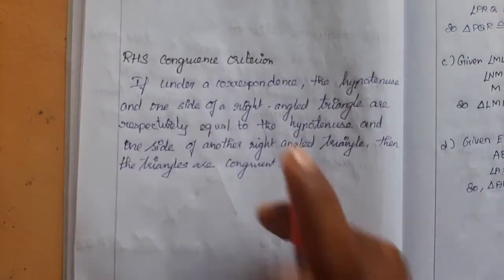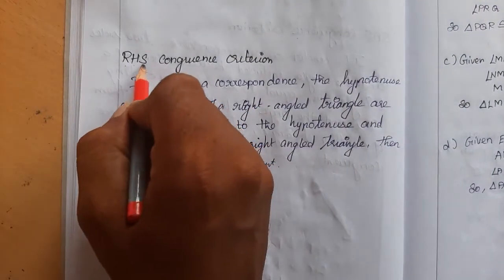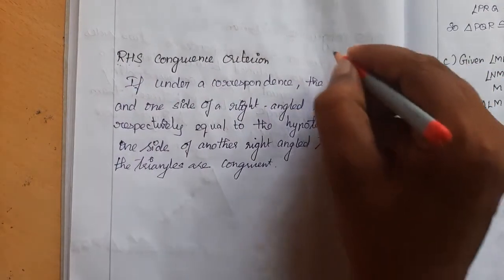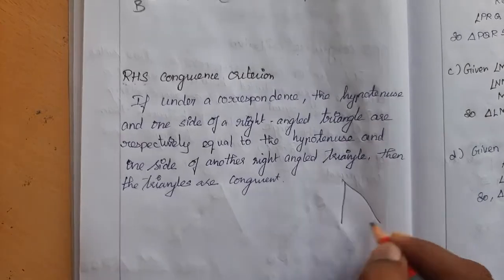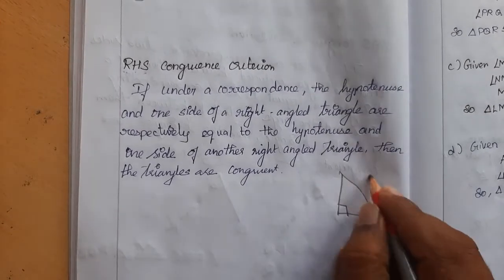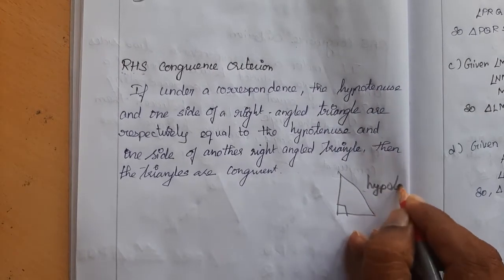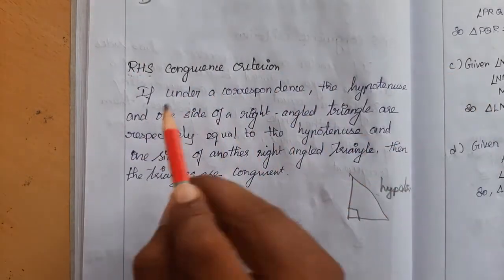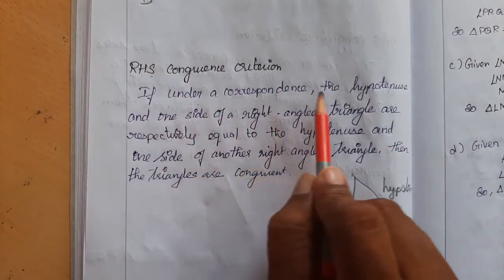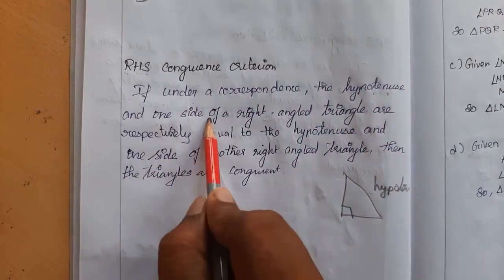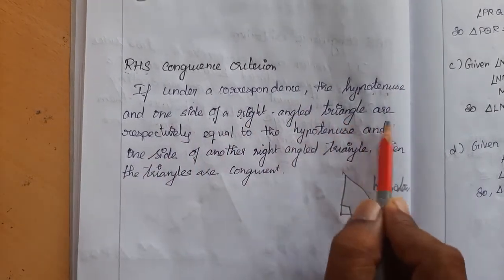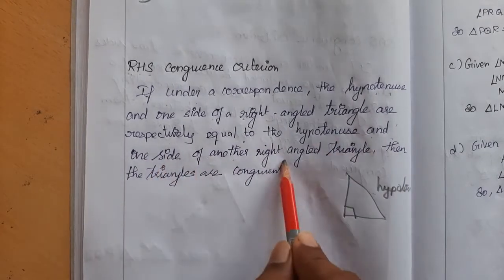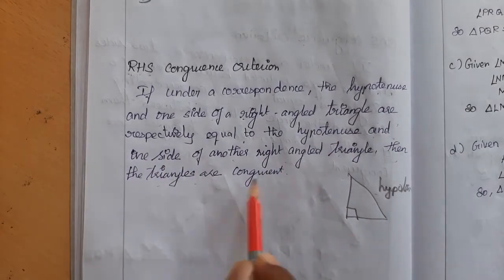And the final one is RHS. You can guess, R represents the right angle, the right triangle. If it is a right triangle, the side opposite the right angle we call the hypotenuse, right? H represents hypotenuse, S represents a side. If under a correspondence, the hypotenuse and one side of a right-angled triangle are respectively equal to the hypotenuse and one side of another right-angled triangle, then the triangles are congruent.